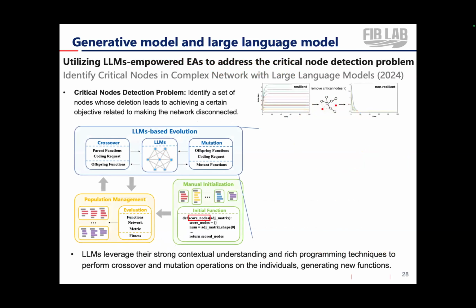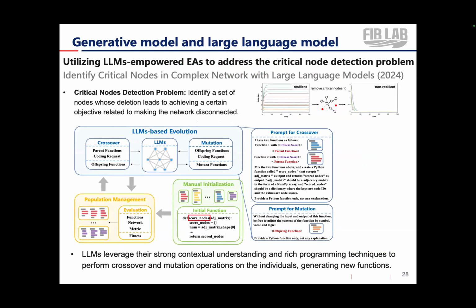And so, motivated by FunSearch, there is a recent work, also from last year. They utilize the LLM-empowered evolutionary algorithm to address the critical node detection problem in a complex network.